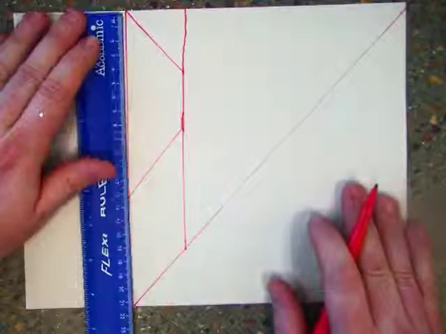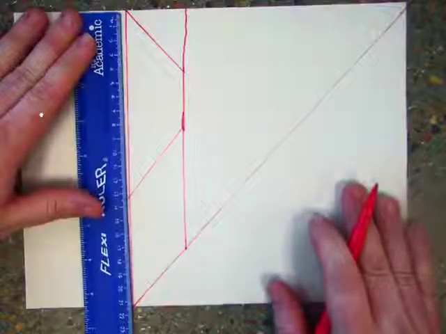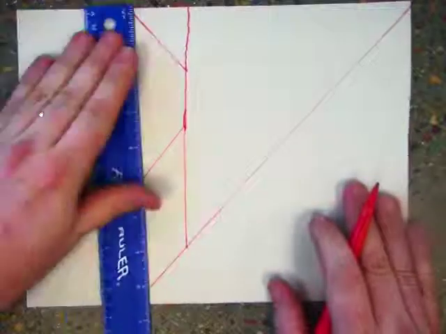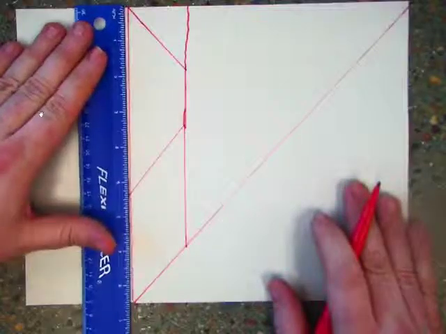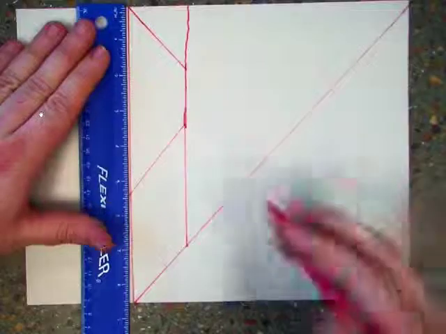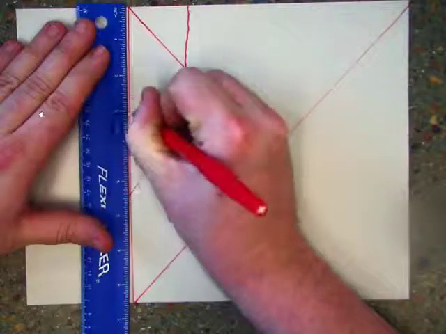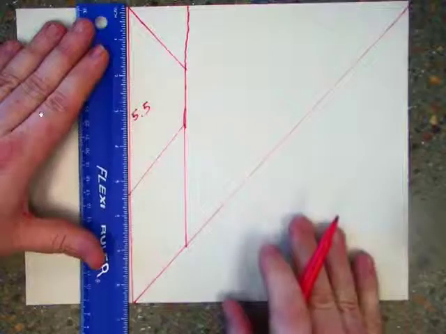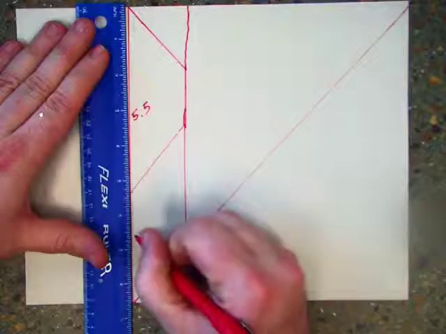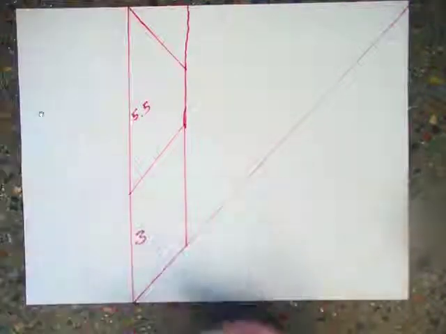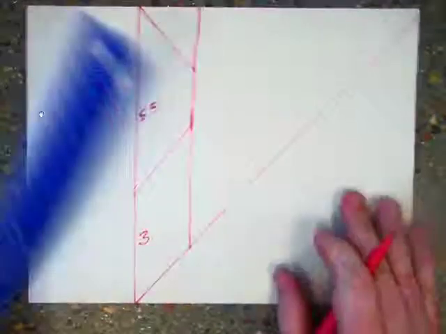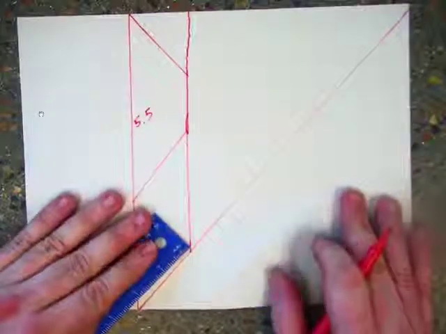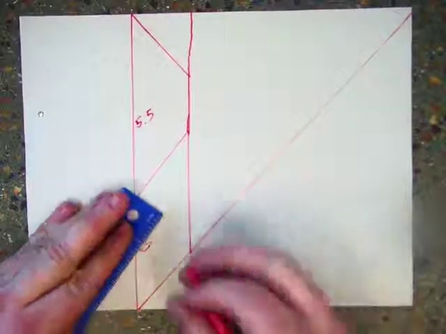So I'm going to measure this. And in this case, I'm just going to measure in centimeters. I mean, you can easily do it in inches. It doesn't matter. Maybe I'll just do it in inches. So right here, I'm going to say that's 5.5. And so that would be 3. Okay. And then you're going to take the ruler, put it here, and say, okay, this one right here is 2.5.